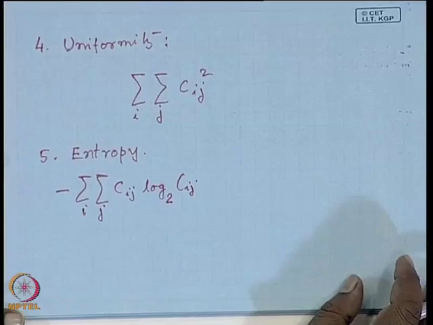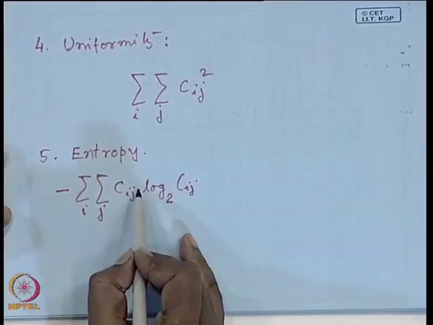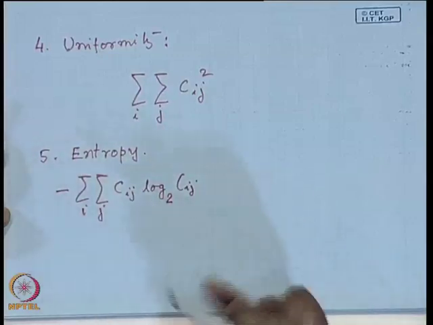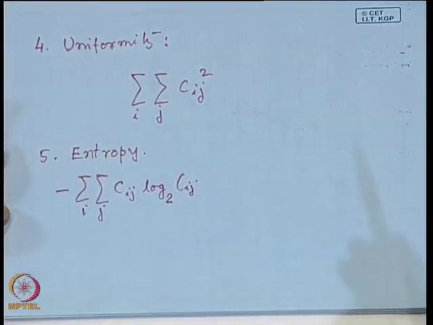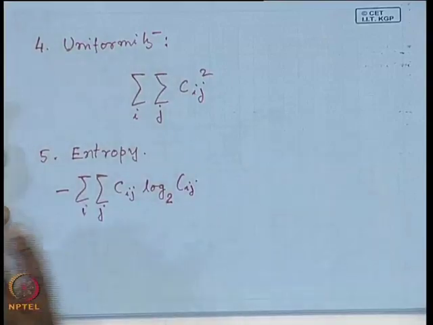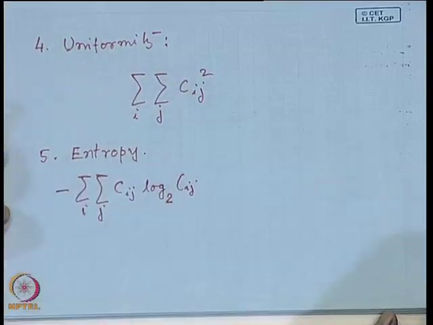Okay. So, if every Cij value is random, the entropy will be very high, whereas if the Cij values are more or less the same, the entropy value will be very low. The entropy of a source which generates random symbols is quite high, while the entropy of a source which generates the same symbol, which can be predicted from previous samples, is very low.